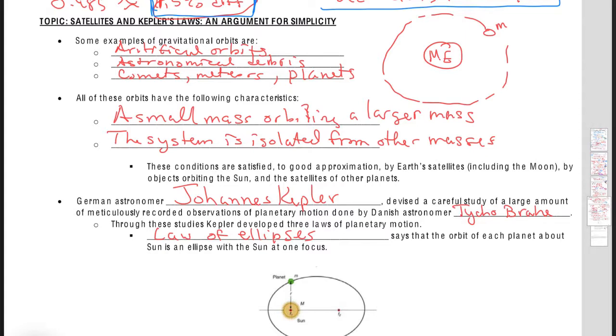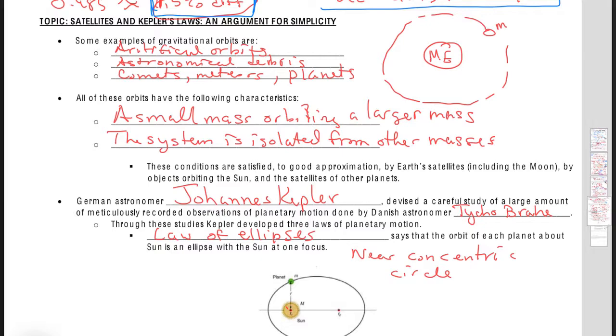And so here's my ellipse. Technically they are elliptical orbits, but we say they're nearly concentric circular orbits, and a concentric circle is just a circular orbit.